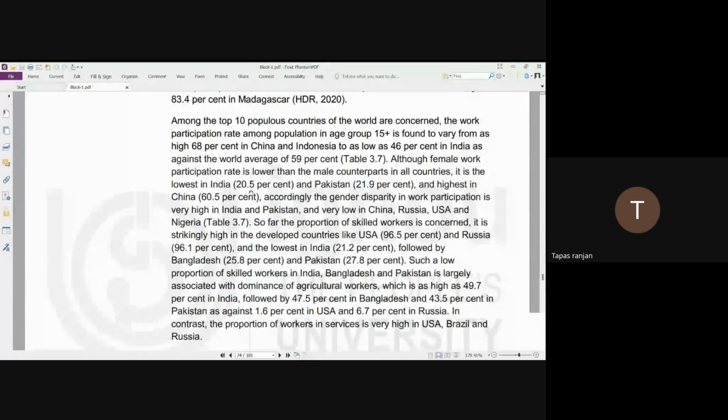A lot of people are engaged in primary activities in underdeveloped countries and developing nations, that is for sure. And a lot of people will be engaged in tertiary activities and even in secondary activities in developed nations. Then there is something called sectoral shift.